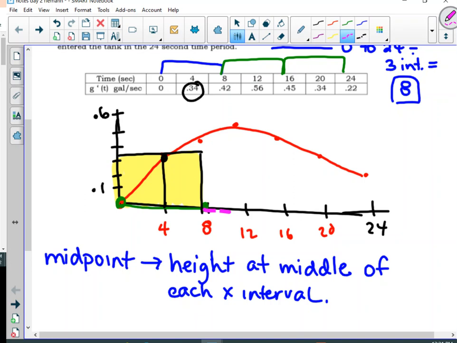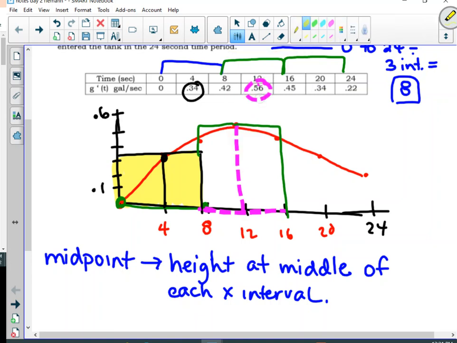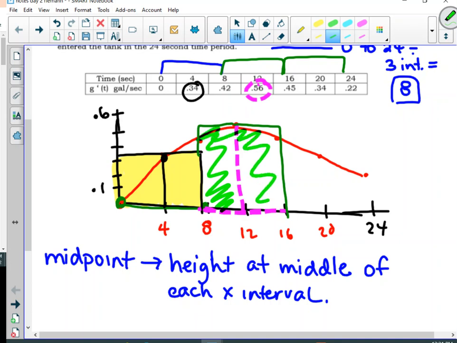Second rectangle goes 8 out to 16, and the height is at that 12 value. Now, midpoints can sometimes be awkward to draw in. I'm not super worried about necessarily how they look all the time, as long as we're using the correct calculations.